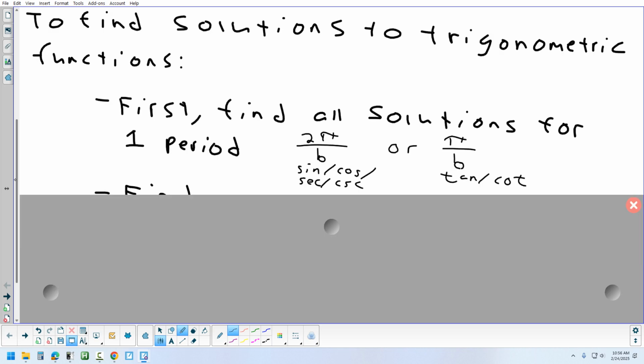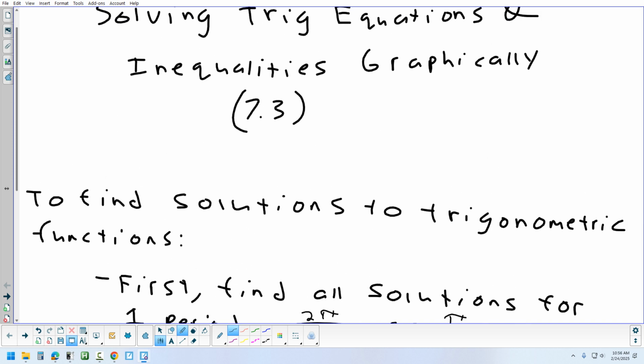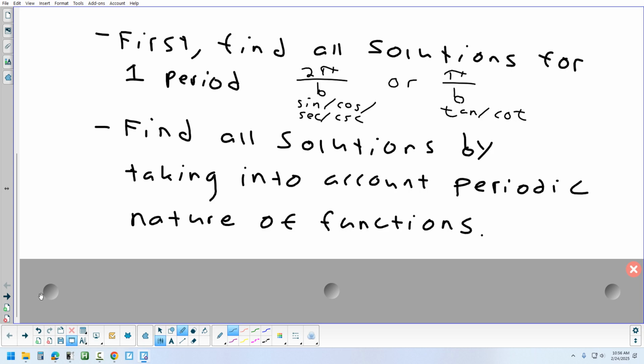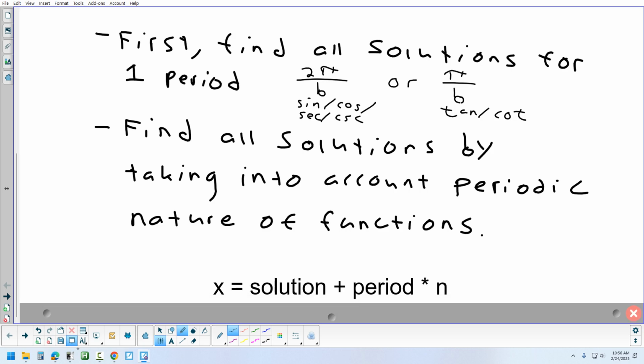The first thing we have to do is find all the answers in one cycle, and we're going to do it graphically, which means we're probably going to find an intersect. Then, to represent all solutions, we have to take into account the period of the function. So you take the solution you found using the intersect and add the period times n. What does n represent?